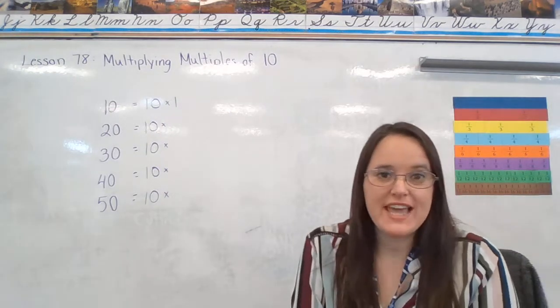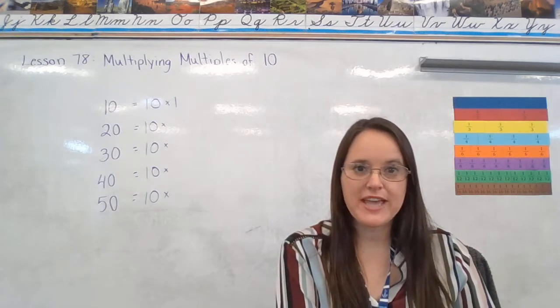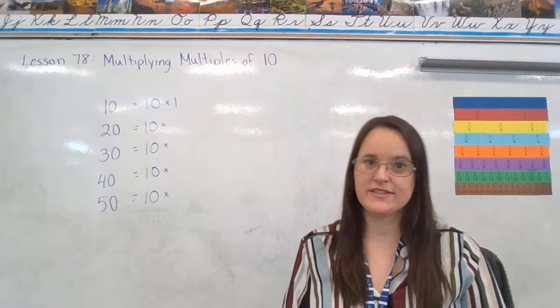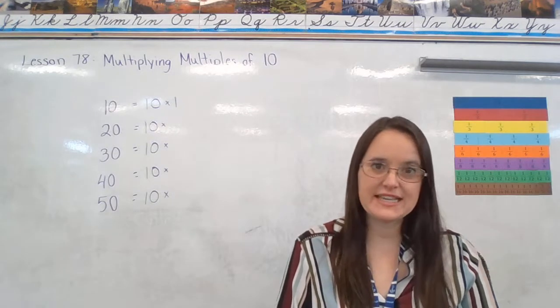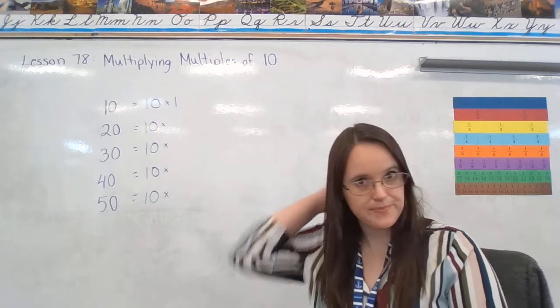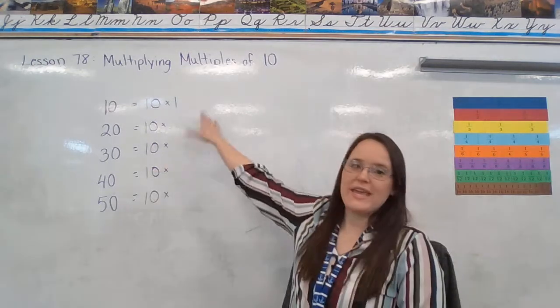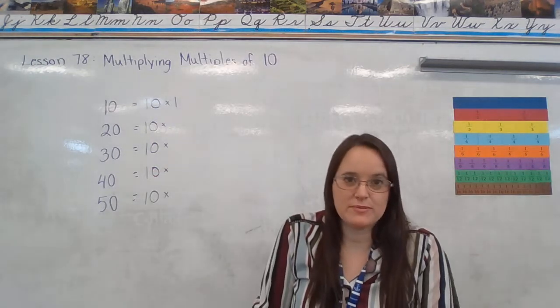So, multiples of 10, those are the numbers that we say when we're counting by tens. 10, 20, 30, 40, 50, 60, 70, 80, 90, 100, right? So we can rewrite those as multiplication problems.